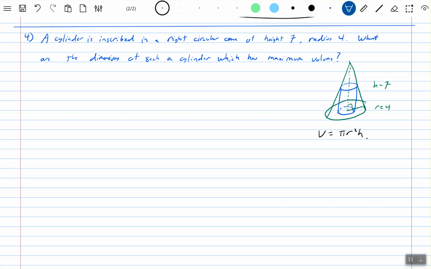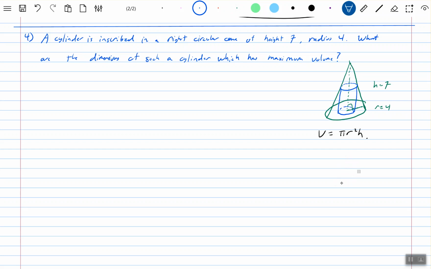Now this one we're going to crank out a little geometry called similar triangles. This is something you should have covered in your trigonometry or geometry courses. So right here in this picture, we're looking at it from kind of a bird's eye view, but let's look at it flat. So we have our cone, and we know inside we want to fit our right cylinder.